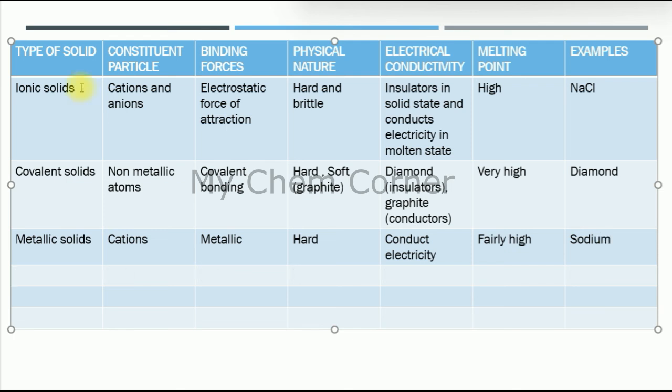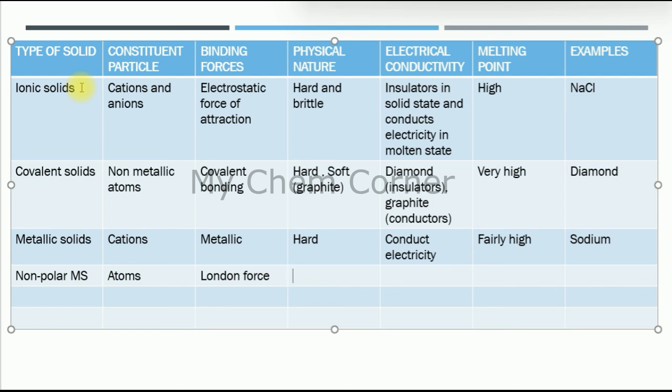Now the next one is for molecular solids. Under molecular solids, we learned non-polar molecular solid. Now the non-polar molecular solid, we have atoms as constituent particles. The binding force here was London forces.